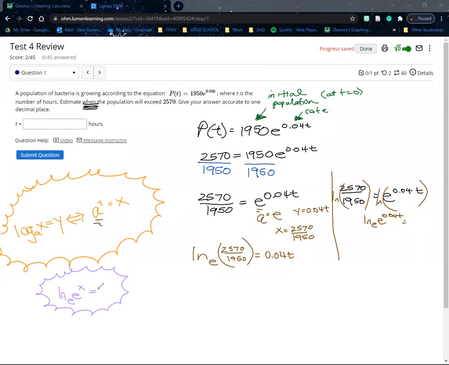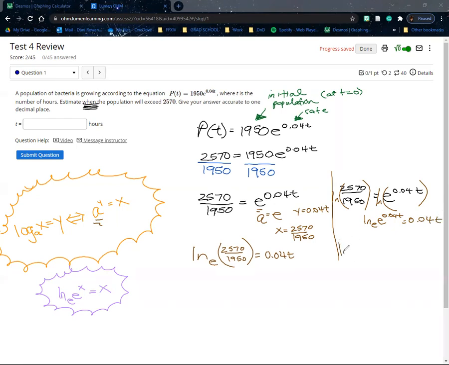Close. Not 1. If it was just natural log base e of e, absolutely. But it's natural log base e of e to the x. So instead of 1, it equals x. So if we compare that to what we have here, we have natural log base e of e to the 0.04 t. What we're left with is 0.04 t.